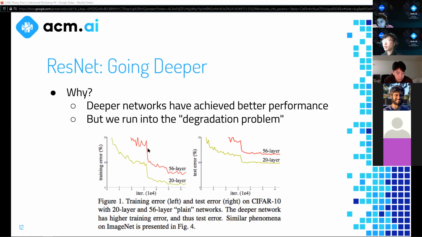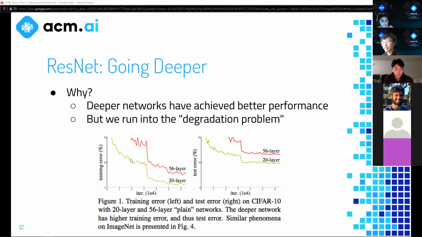But what the developers of ResNet found was that when they added more layers, not only was the test error consistently higher, but the training error was also consistently higher as well.